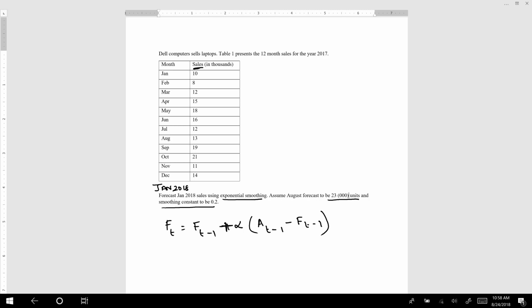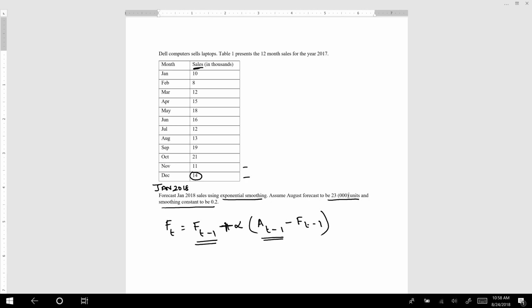So we are relying on previous time period's forecast and actual demand or sales for previous time periods. So we have actual sales, however we need the previous time period's forecast value. Similarly, to forecast December, we need November.